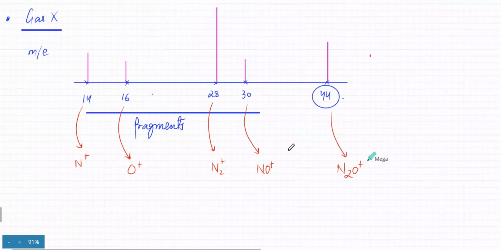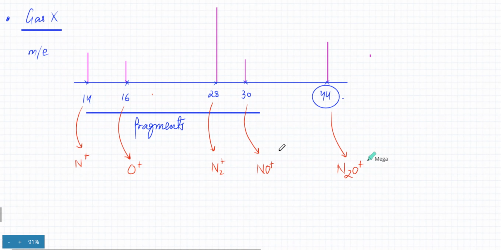N2O plus. Okay, the plus is necessary because in mass spectroscopy you always detect +1 ions. Now the thing is, this is how you're going to detect it.